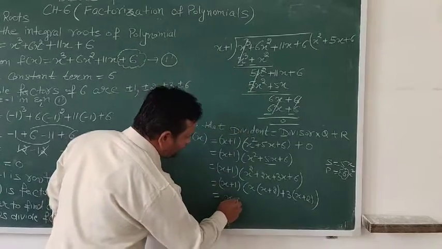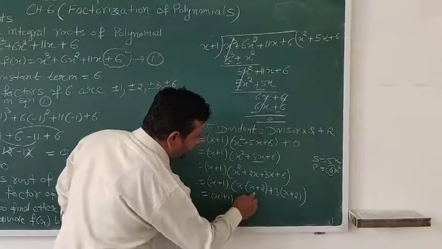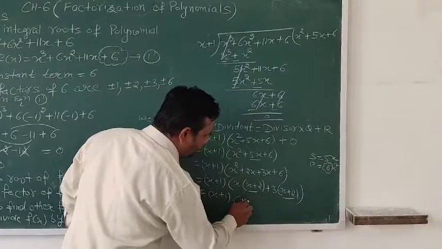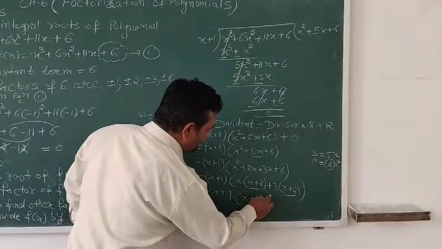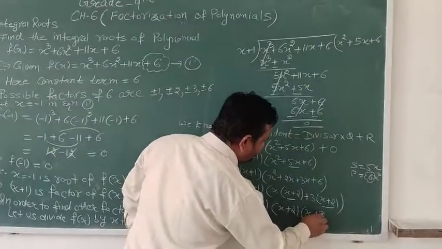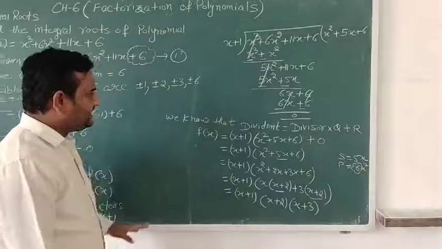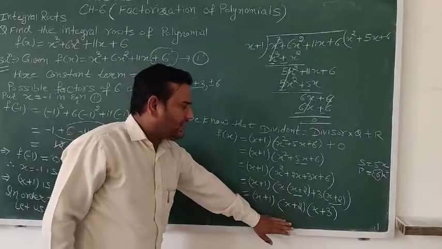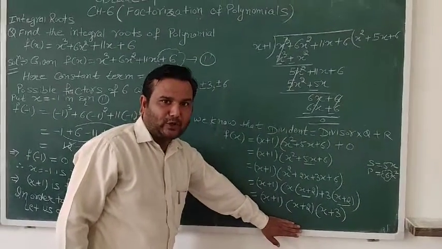So it further equals x plus 1 into x plus 2 is again common, x plus 2, and here it's only outside, so x with the positive sign then 3.